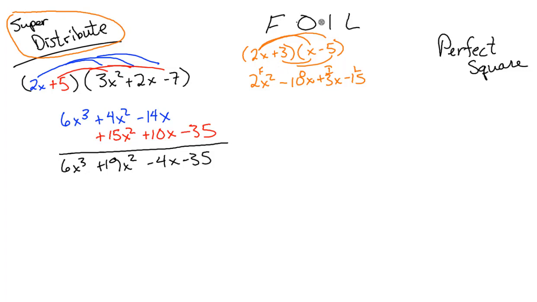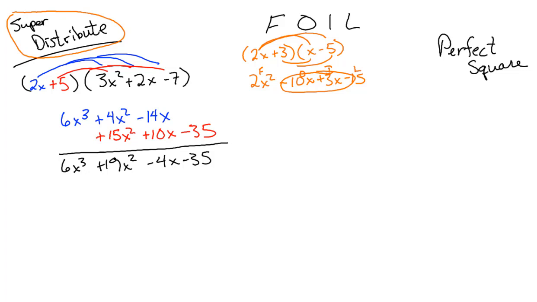FOIL is an acronym that is really only applicable when you have a binomial times a binomial, 2 times 2, to get 4 terms, and then you'll combine those middle terms. But that's how FOIL came about and is in the vernacular of many people, and usually isn't valuable at all, especially unless you have a binomial times a binomial.